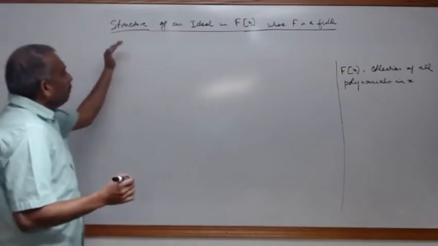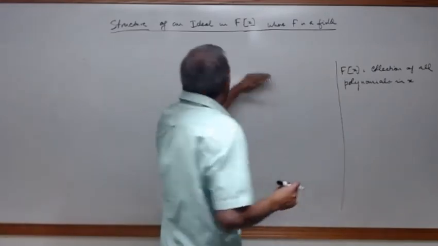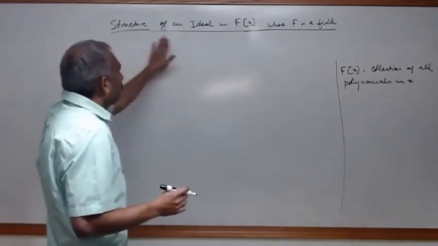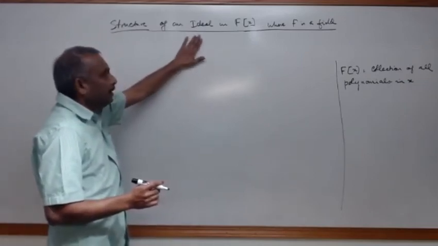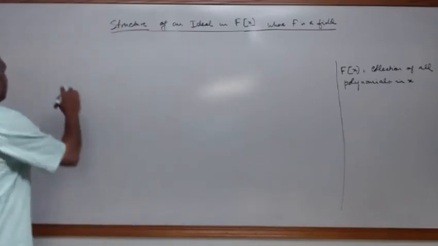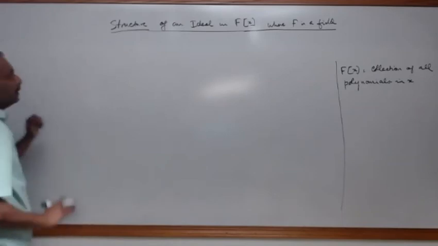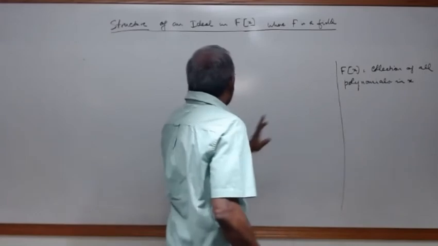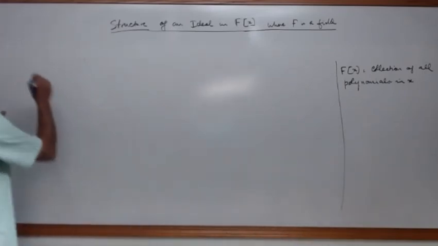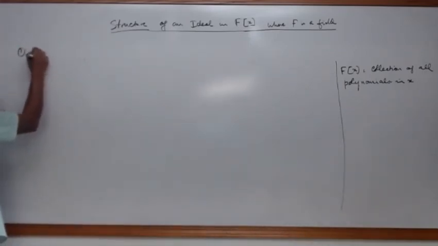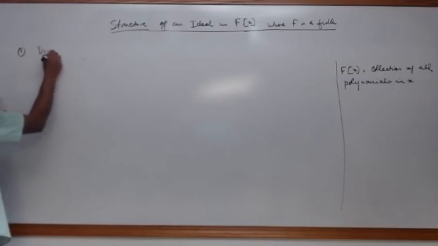Before we get into the details of the structure of this particular kind of ideals, let's recall some of the results in the ring of polynomials. The first one is the division algorithm.